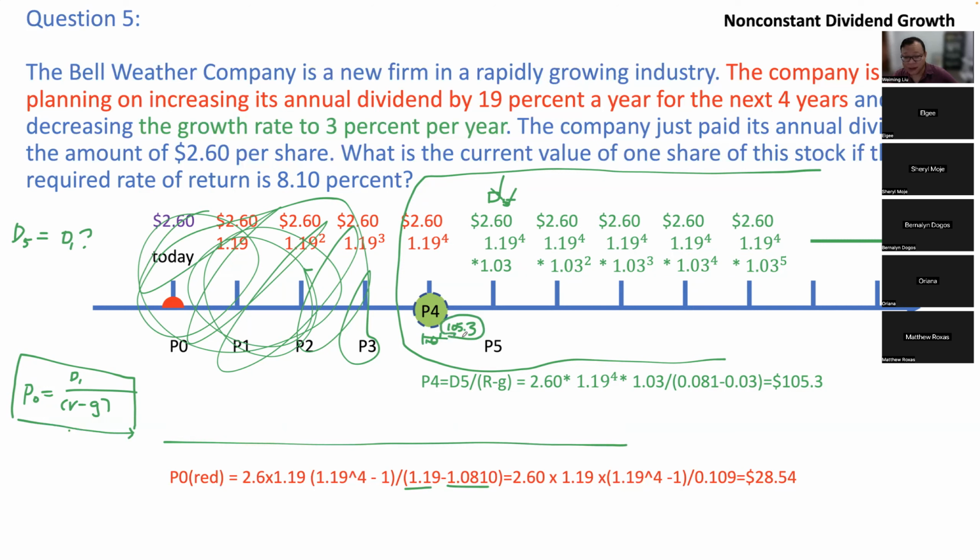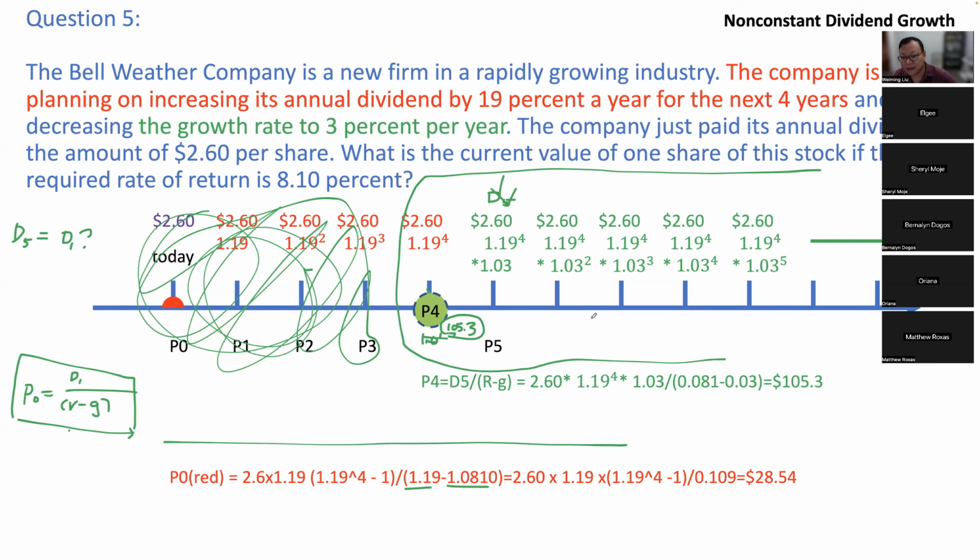Now what I'm asking you is, how much was this money worth 4 years earlier? At this point you figured out that value is $105.30. Now I'm asking you, what is this value 4 years earlier? Well, you have to do a discount, and you know how to do a discount.